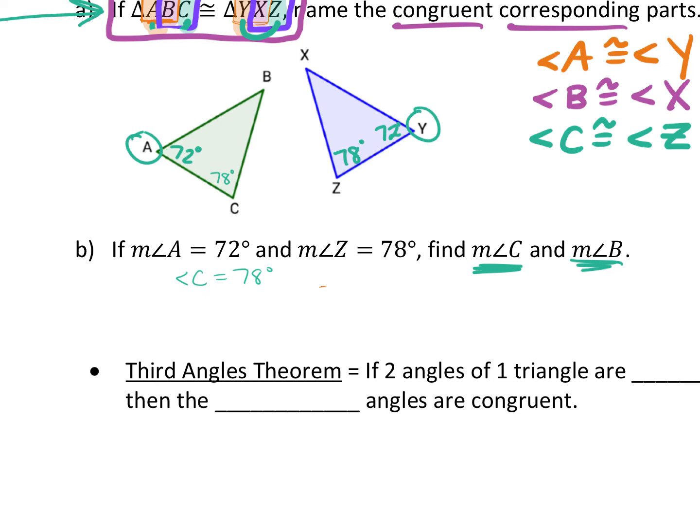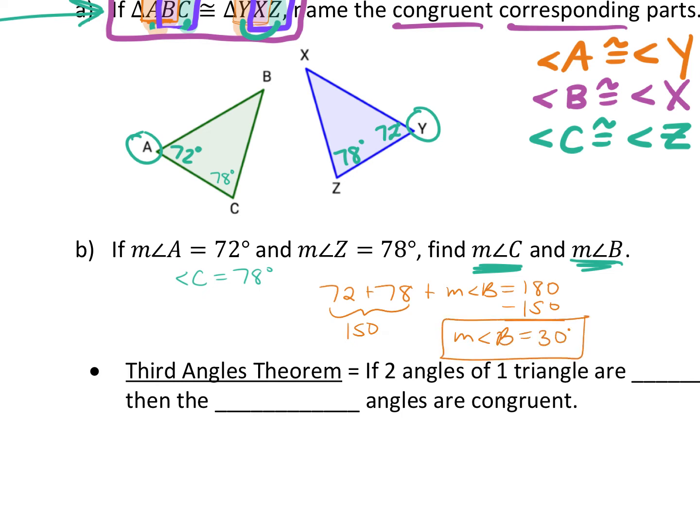Right, so I know that 72 plus 78 plus the measure of angle B has to equal 180. So I'm going to take this away. What is that, 150? So take away the 150, and that means the measure of angle B is going to be 30 degrees. Okay, so what's X? 30, right? The same as B.